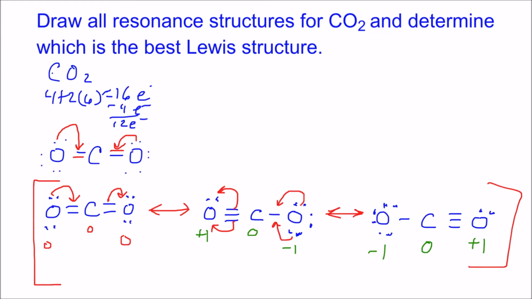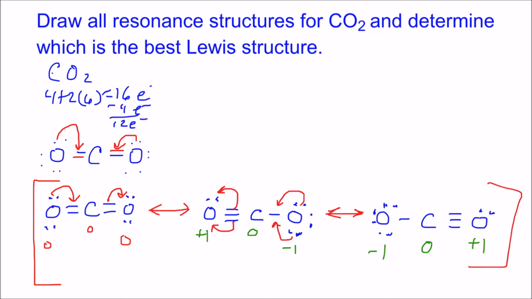Okay, so now the second part of this question is determine which is the best Lewis structure. Okay, well remember the qualifications for that. Everything has to have an octet, and everything does here. That was the most important. The next most important thing is that you have the least amount of formal charge possible.